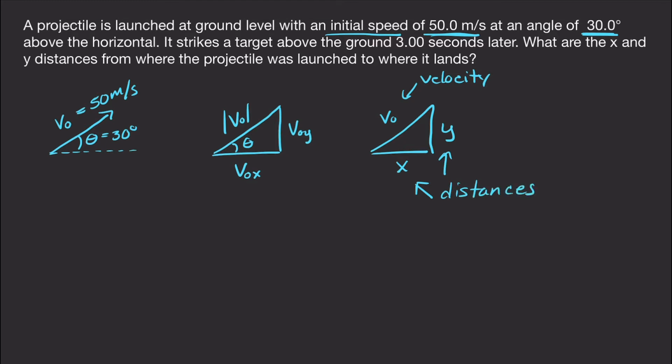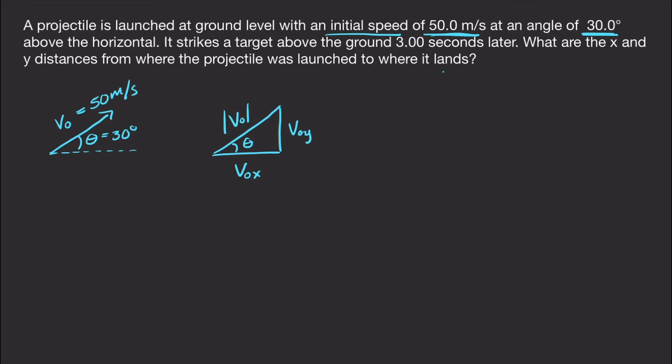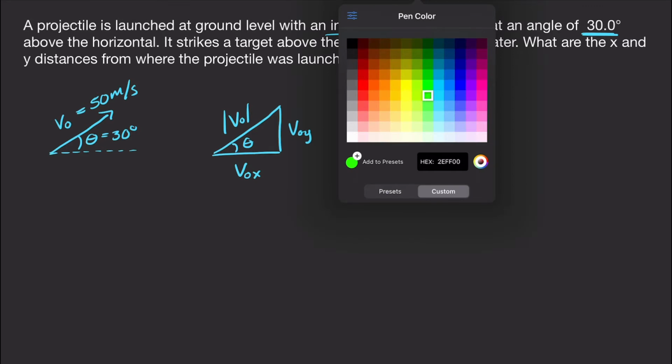So don't just write x and y. This is bad. Okay, your vector, if it is a velocity, it will have velocity components, so your legs need to match the actual vector that you have.